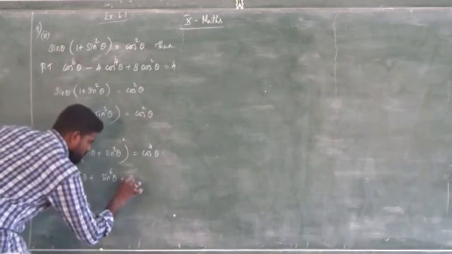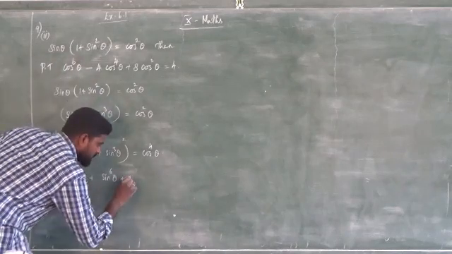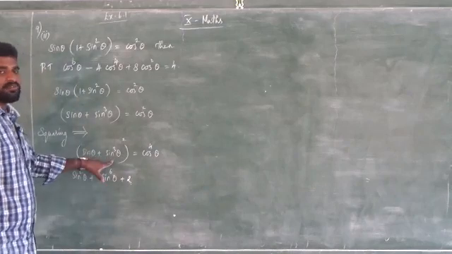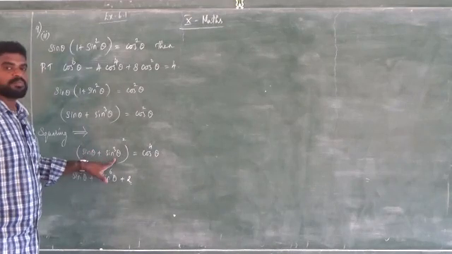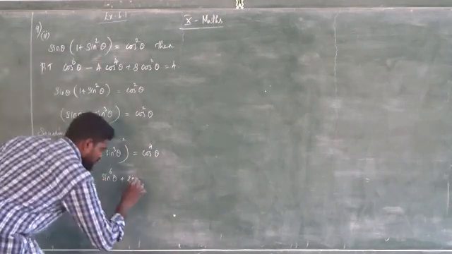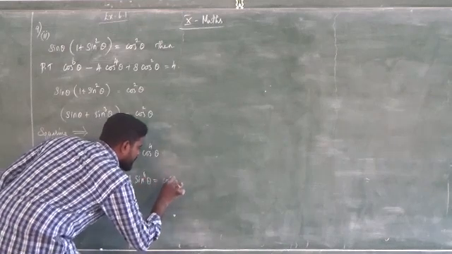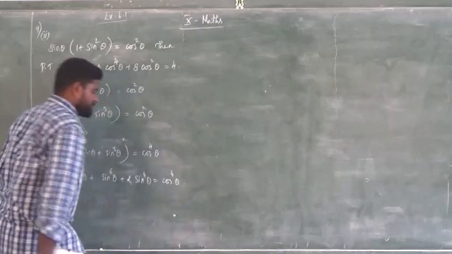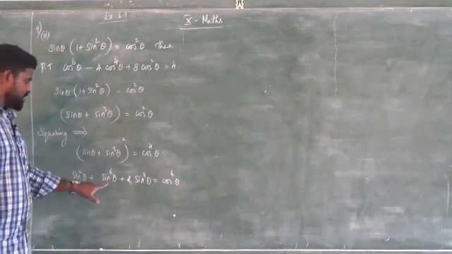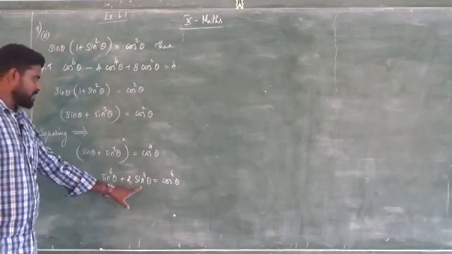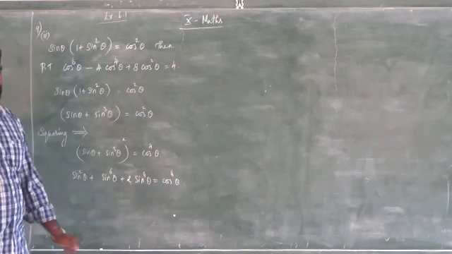So 2, a is sin theta and b is sin power 3 theta. So sin into sin power 3, it is sin power 4 theta. So a square plus b square plus 2ab is equal to cos power 4 theta.